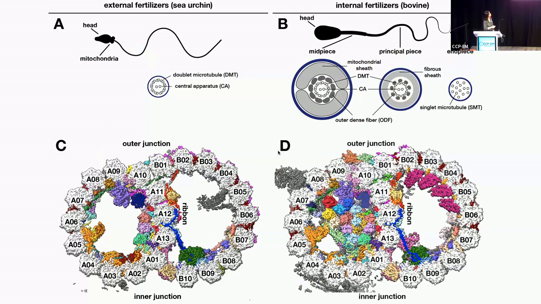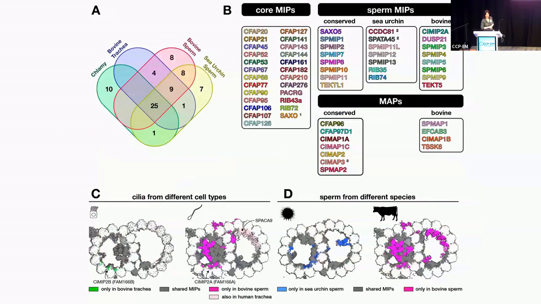We also compared it to cilia from other species, for example from trachea, and we can see that mammalian sperm is the one that has substantially more microtubule inner proteins. So the A tubule is almost fully packed with proteins.